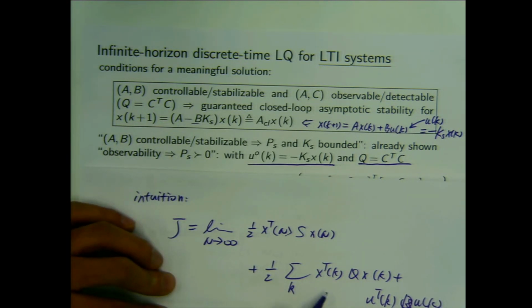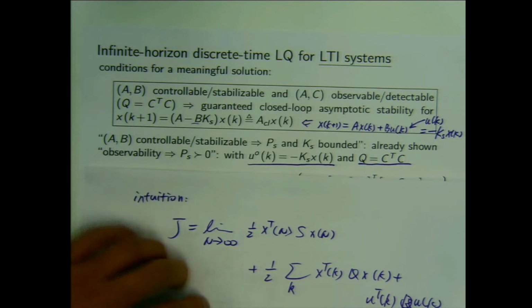We have seen the controllability condition means we can control the state. So the final cost is going to be finite. And the observability condition makes sense in this way. If the system is observable, it means we can see how the system is going on from the states, from this cost.